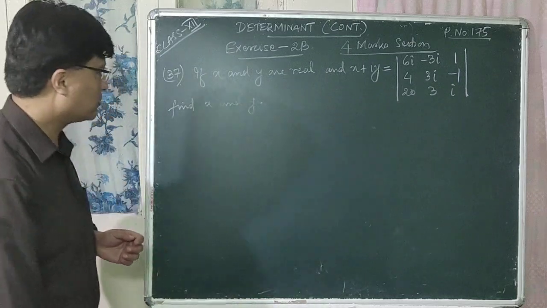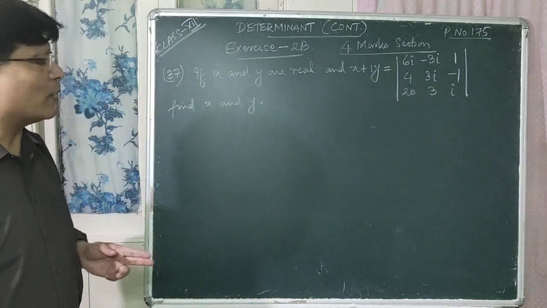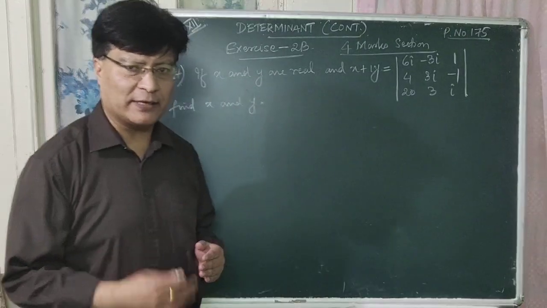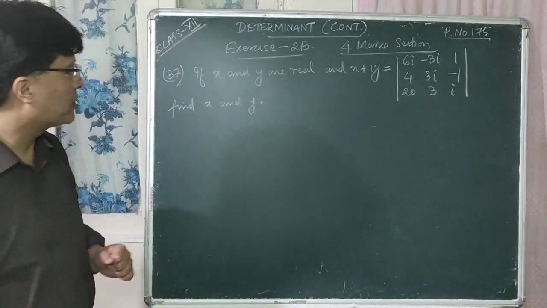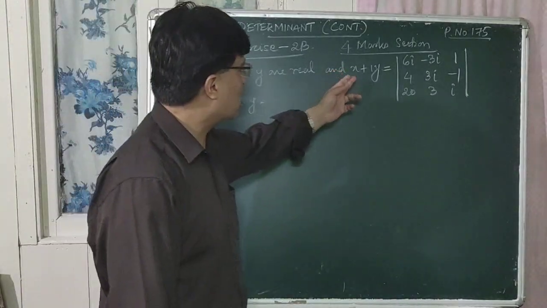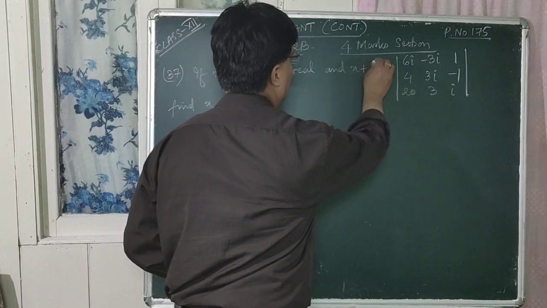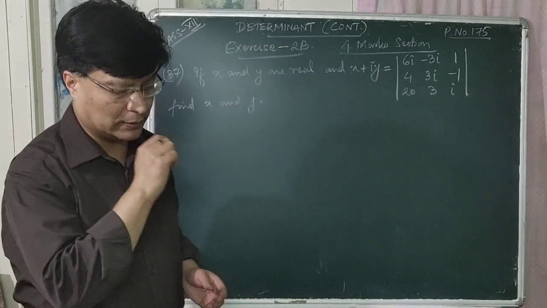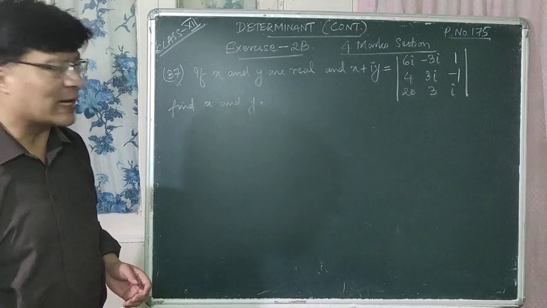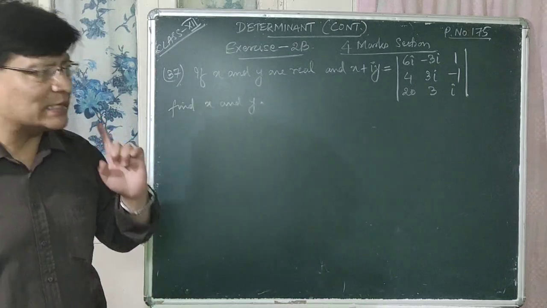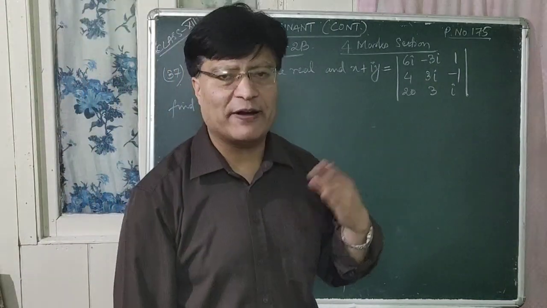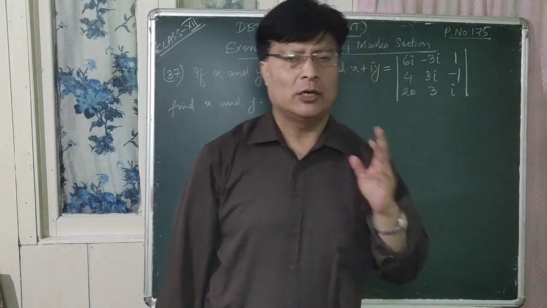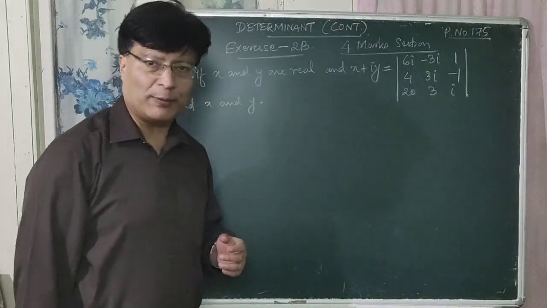If x and y are real, real means defined, not imaginary, and x plus iy, this is iy, you know the value of i, you know that i is equal to root over minus 1, this imaginary number. i is defined as root over minus 1, you know that this is from complex number.